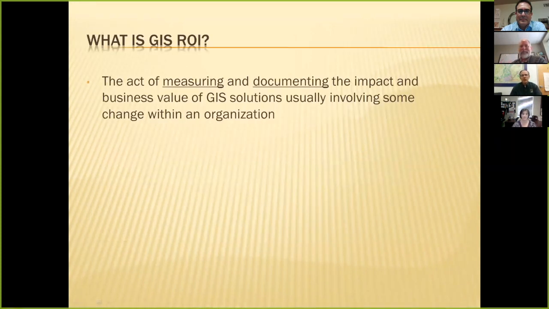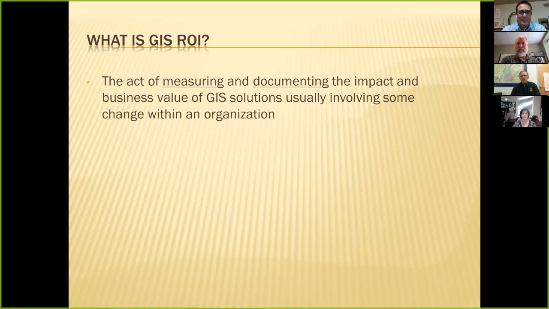I thought we would start with a definition. Here is a pretty obvious definition of GIS ROI: the act of measuring and documenting the impact and business value of GIS solutions. I wanted to clarify this basic perspective so we can frame this subject, because there could be numerous ways to define GIS ROI.